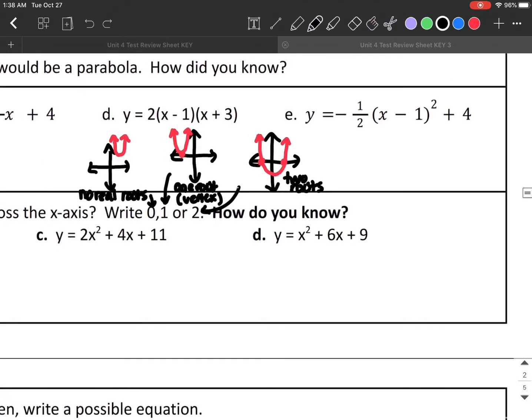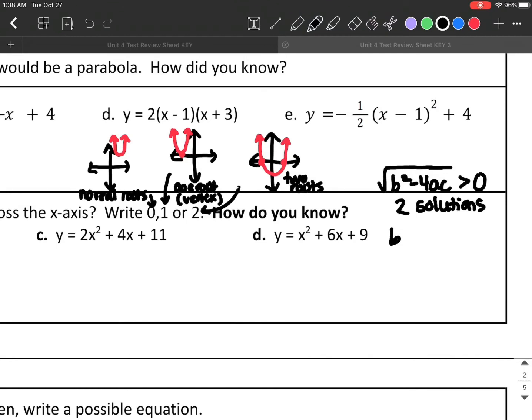So to find that, I'm looking at the squared part of the quadratic formula, because I'm concerned if there's a negative inside of that. So I'm going to look at b squared minus 4ac, that's part of the quadratic formula, and I'm going to see, is this greater than 0? If it's greater than 0, that means I have 2 solutions.